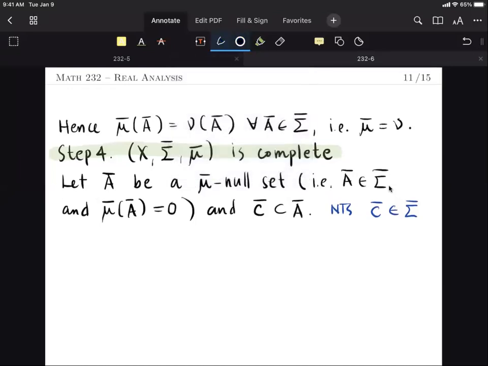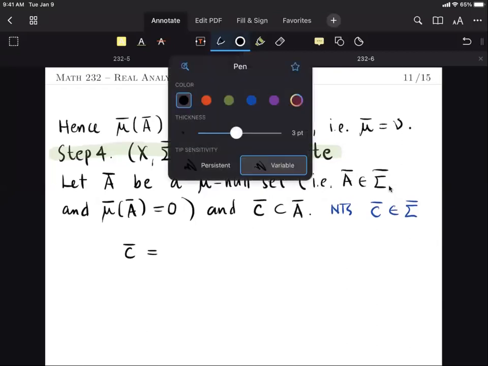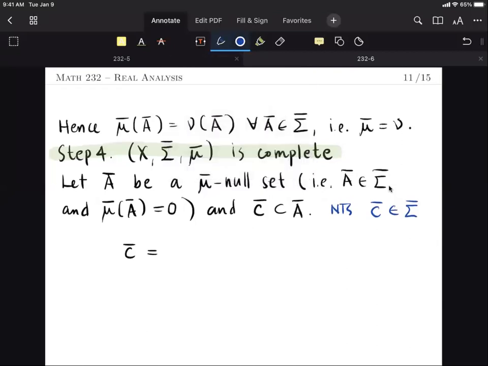And to establish this one, again, we need to write this C bar as a union, one in sigma and one in N, in order to be in sigma bar.